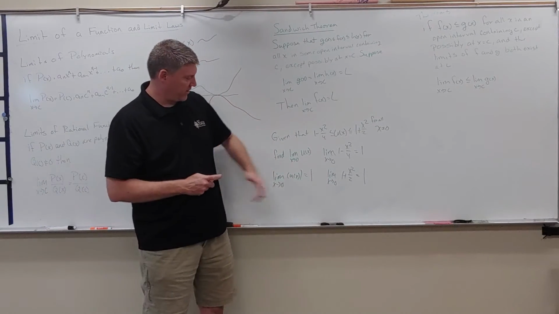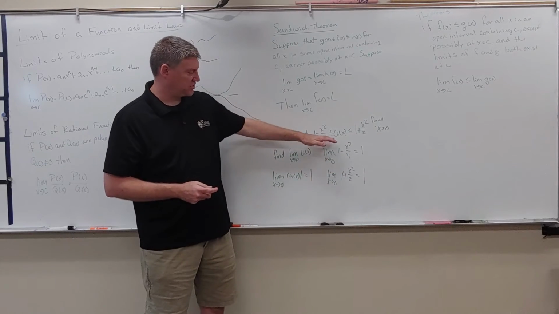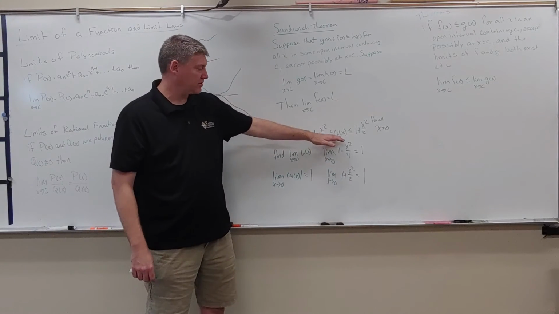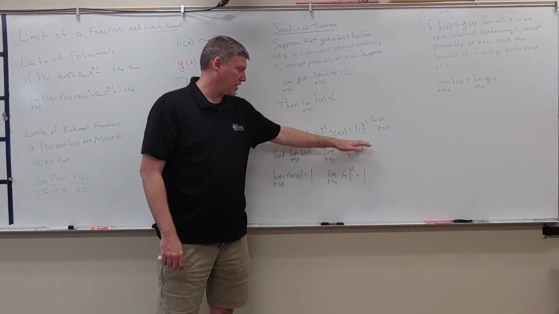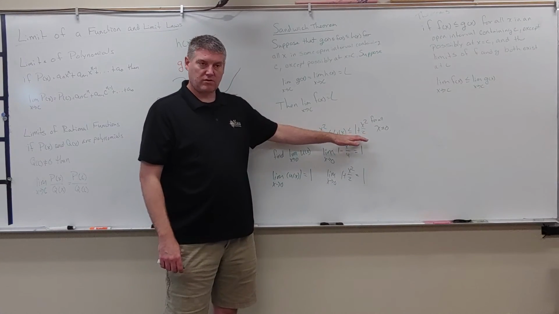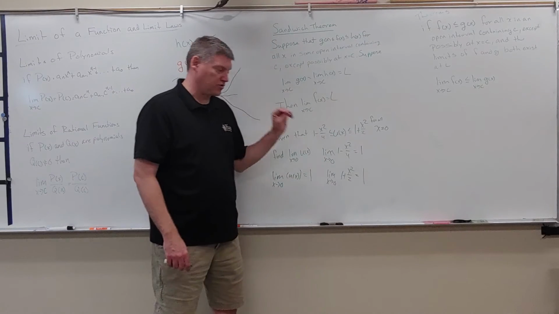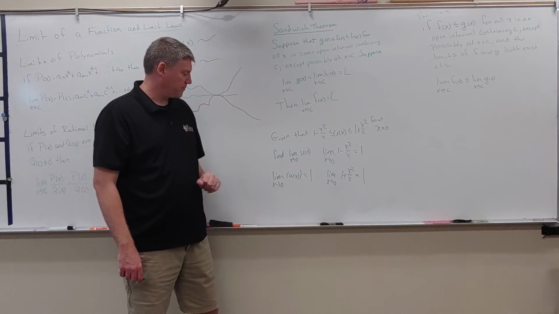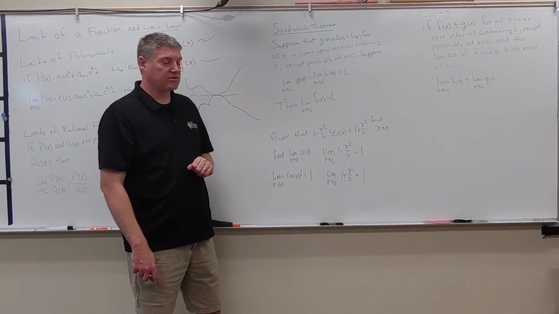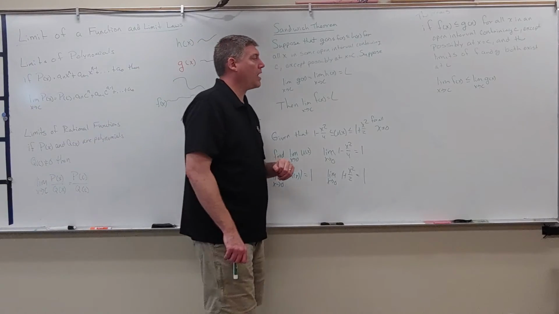Because the bottom function, the one that was less than or equal to u of x, approached 1, and the function that was greater than or equal to u of x approached 1, so u of x has to approach 1. Okay, so that's using that sandwich theorem.